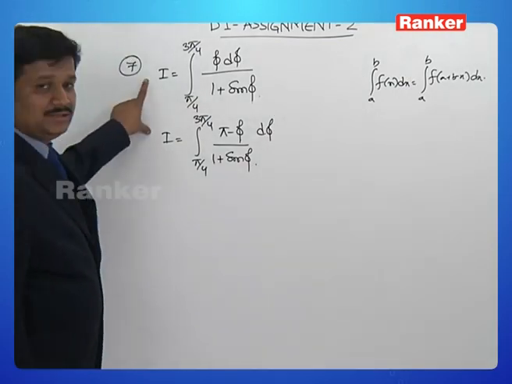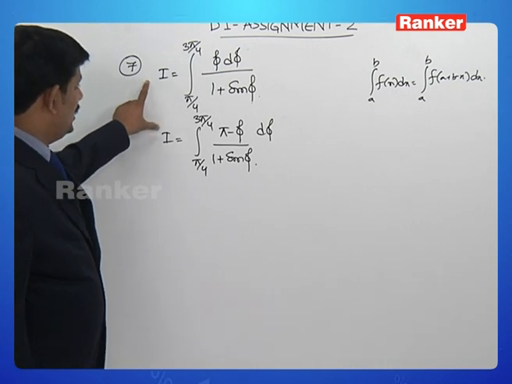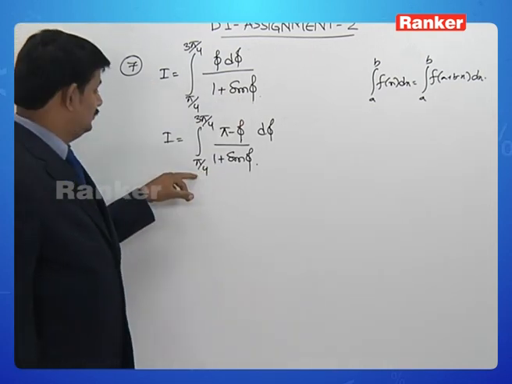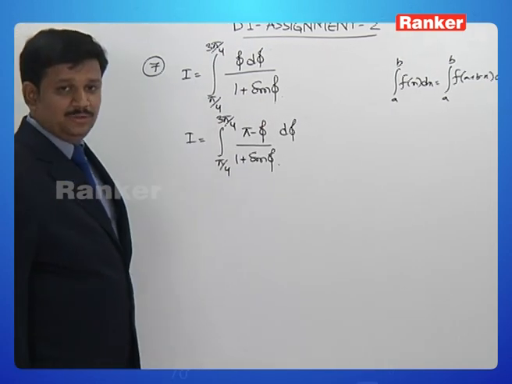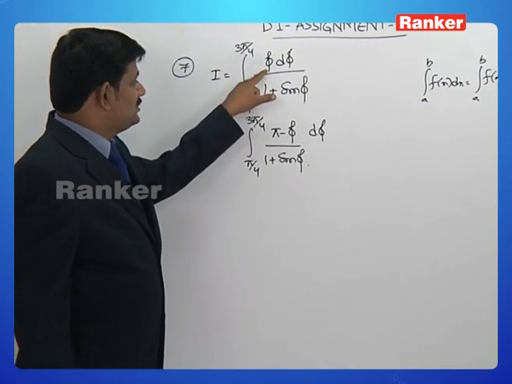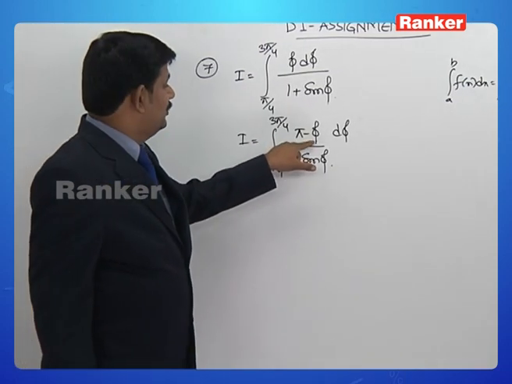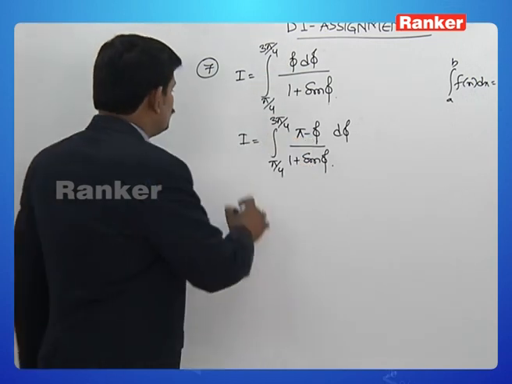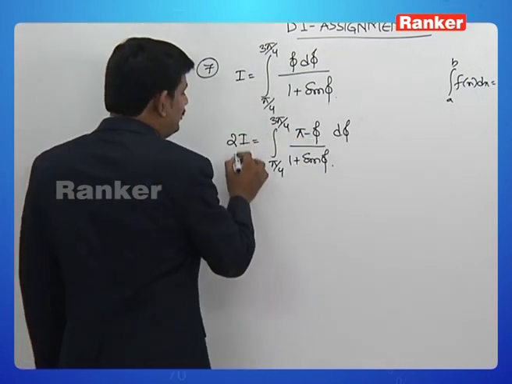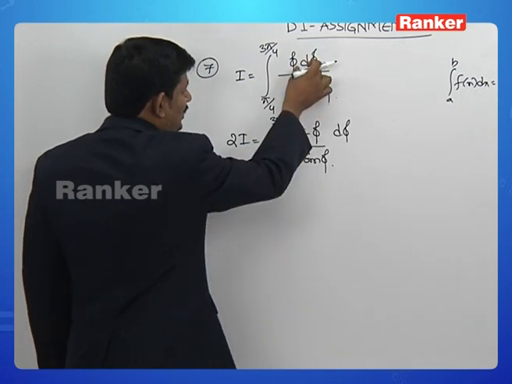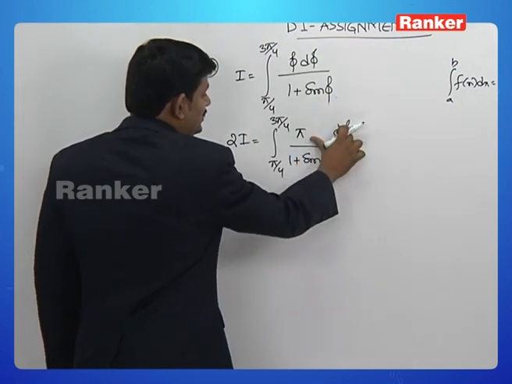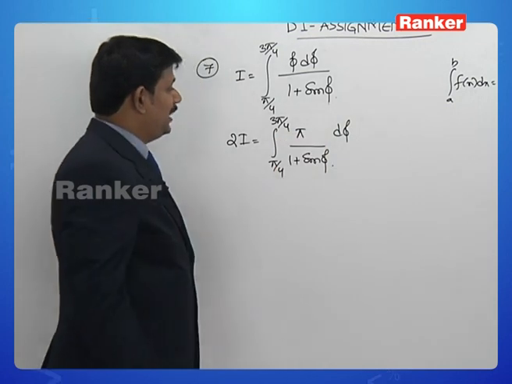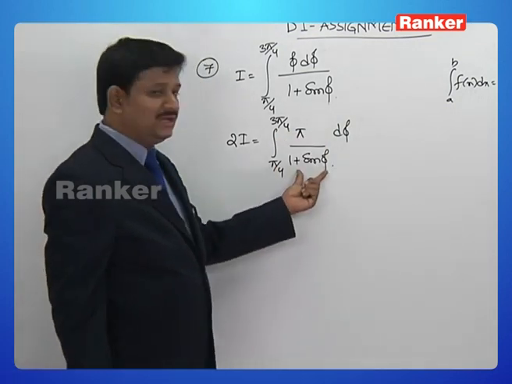Now, adding both the integrals, we can see the denominators are the same, and the upper limit and lower limit are the same in both the integrals. So, the numerators get added up, and phi and minus phi get cancelled. So, 2I on addition will be equal to pi d phi divided by 1 plus sin phi.